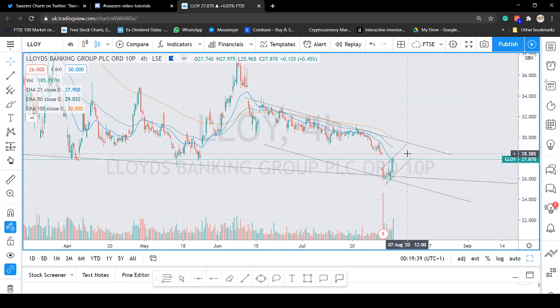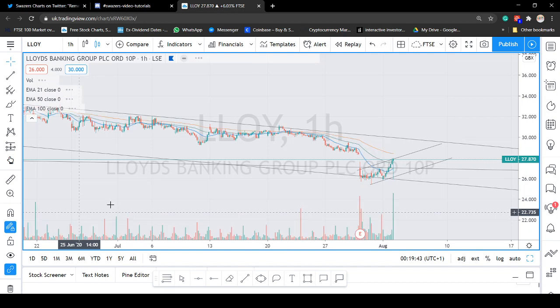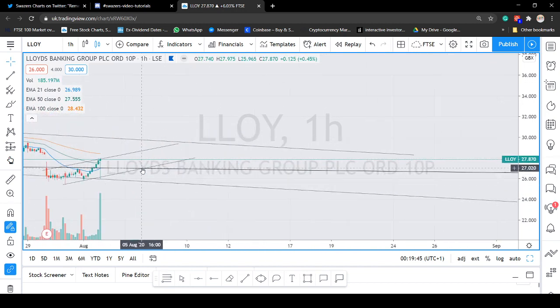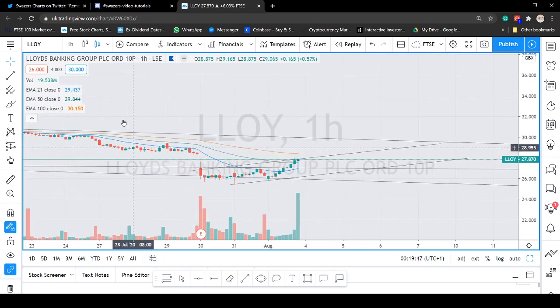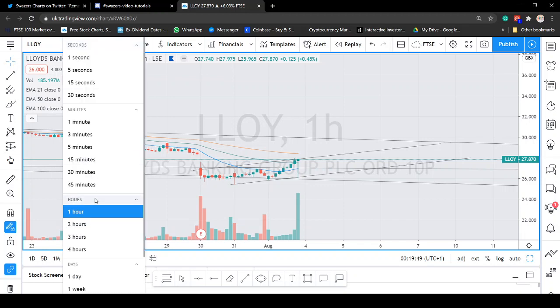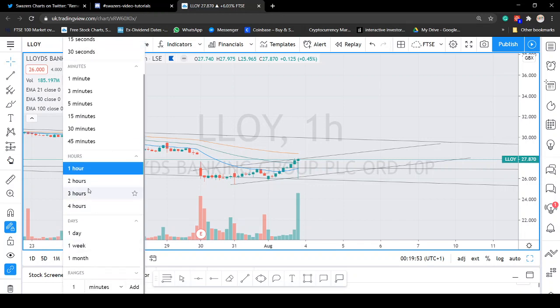So we've got a channel here. When you look at this channel in isolation on the hourly chart, guys, or even on the 5-minute, let's just zoom down even more, this is the problem with what a lot of investors do. They're looking at it in terms of day trading. Now, I day traded for years.